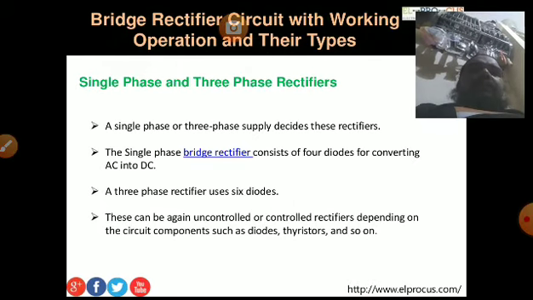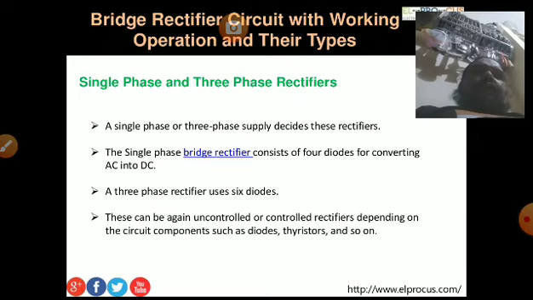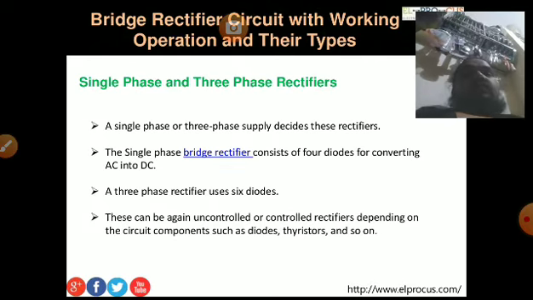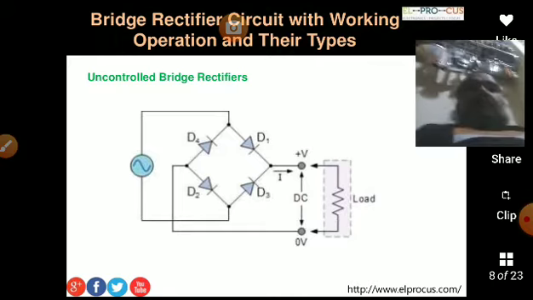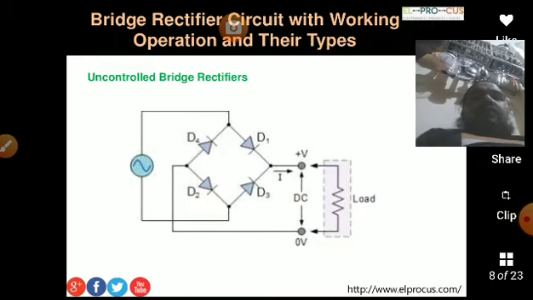This can again be uncontrolled or controlled depending on the circuit components such as diodes, thyristors, and so on. This is the uncontrolled bridge rectifier, the single phase rectifier.